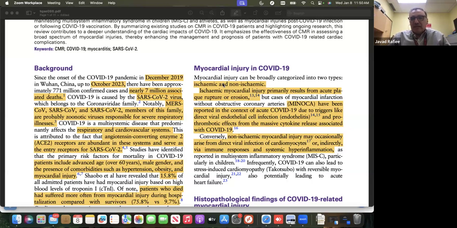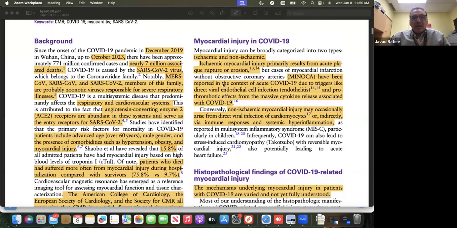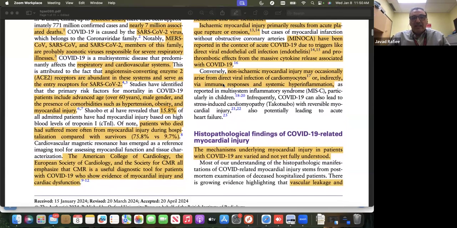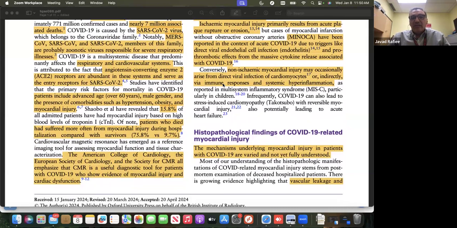But it's a systemic disease, of course. The risk factors for mortality in COVID-19 are age, sex, and comorbidity. And we found during the review of articles that the majority of patients who died during hospitalization had cardiac involvement.